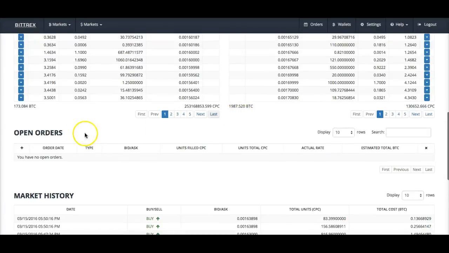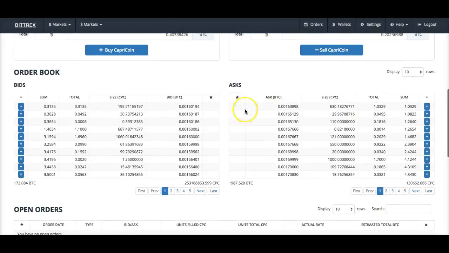It provided buy support for this side, which at the very least is going to help hold the value of Capricoin. It's going to create market confidence because it shows people are buying it, rather than just going over here and buying coins from the sell side.